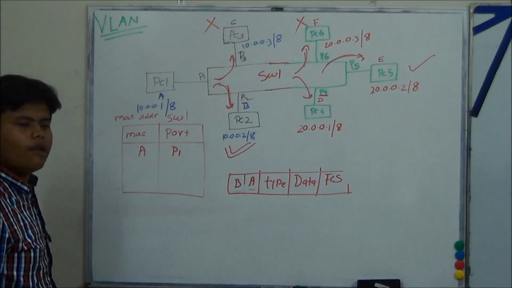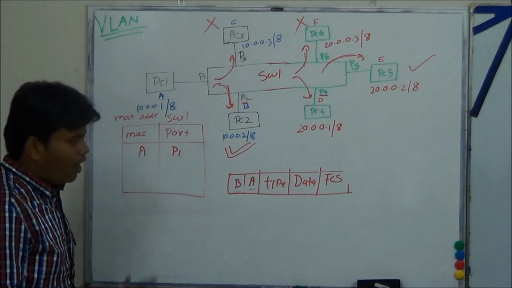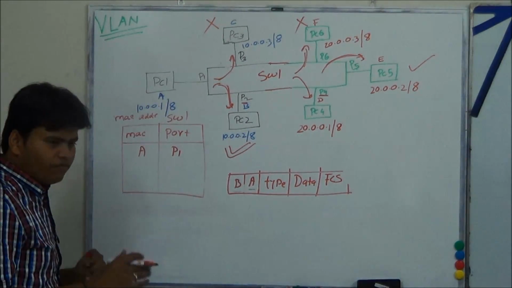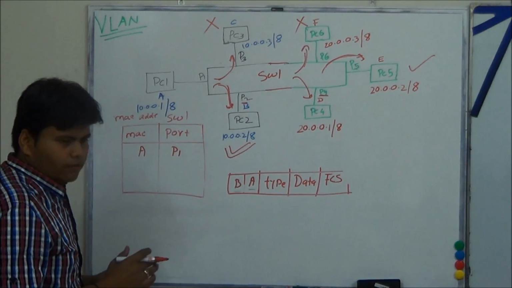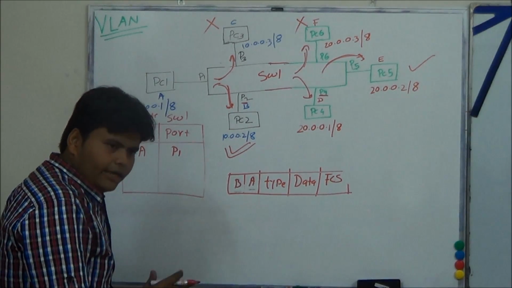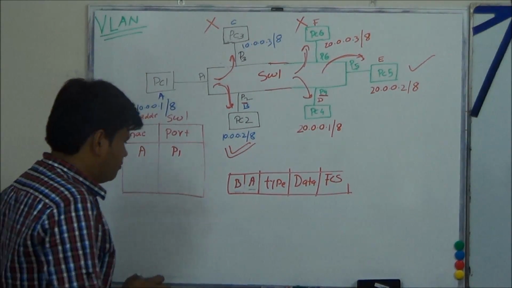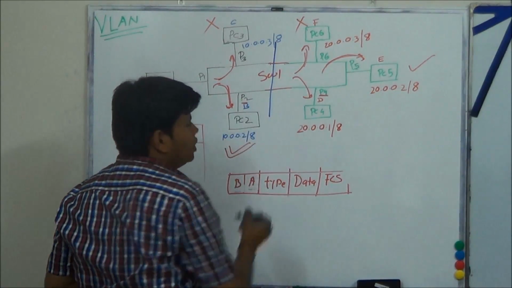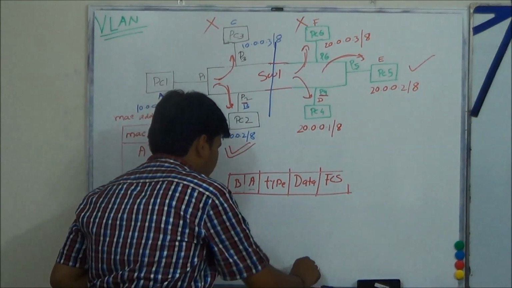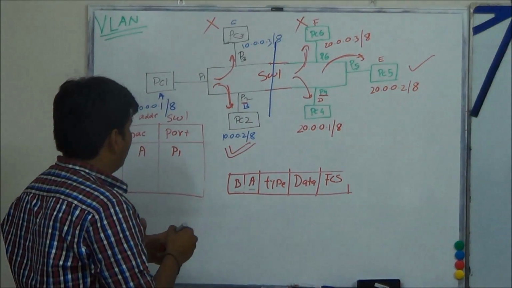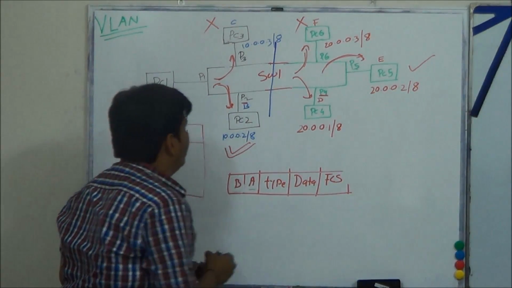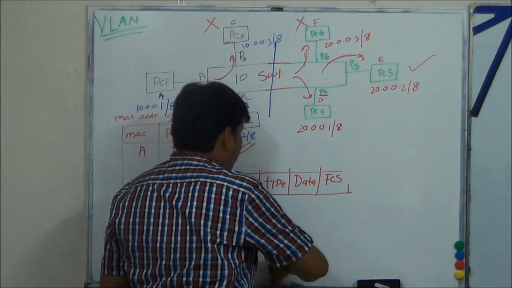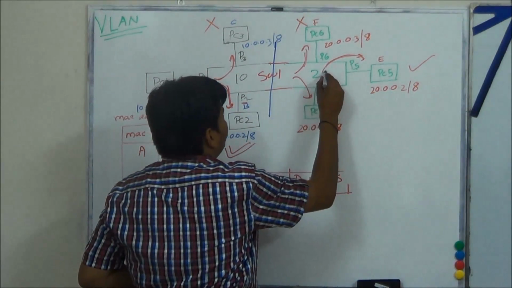With the help of VLAN, we divide a single switch, that is switch 1, into two different LANs, VLAN 10 and VLAN 20. Now I simply divide this switch into two LANs. This is VLAN 10 and this is VLAN 20.